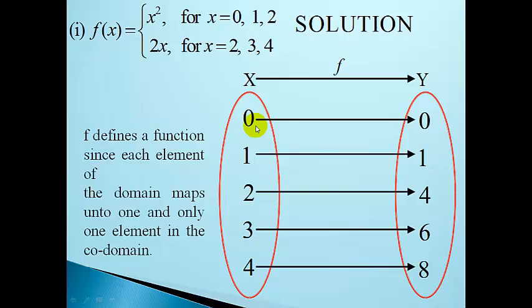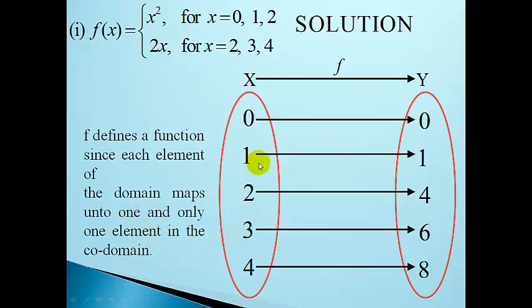So we can see that 0 is mapped to 0, 1 is mapped to 1, 2 is mapped to 4, 3 is mapped to 6, and 4 is also mapped to 8. Now f defines a function since each element of the domain maps onto one and only one element in the codomain.